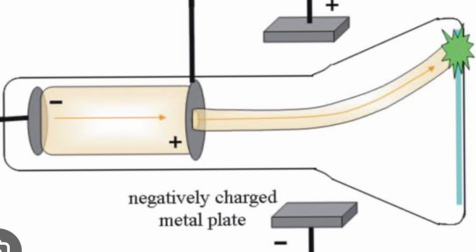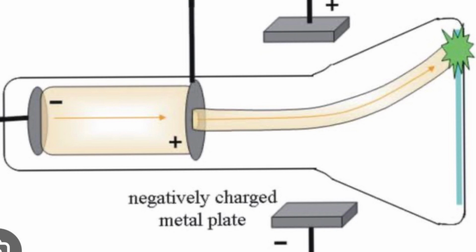When he saw that some rays were moving towards the positive electrode, he was surprised that the rays passing through were deflected towards the positive, which means they have some negative charge.